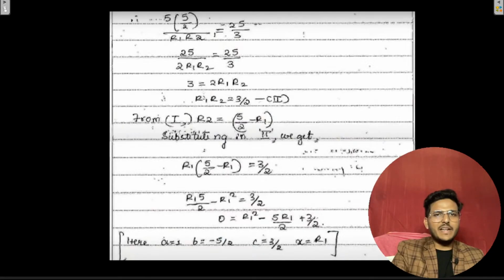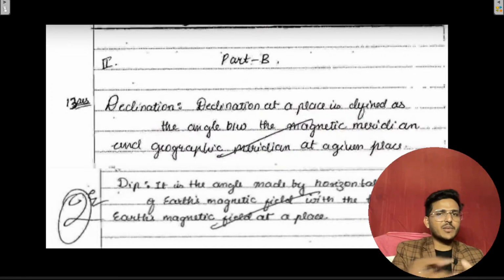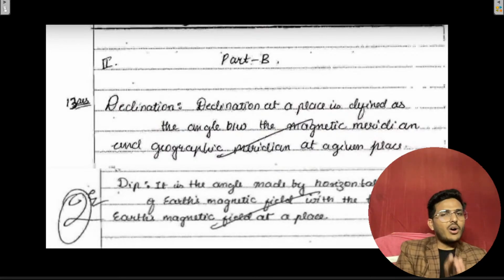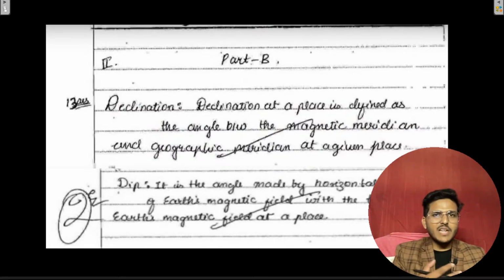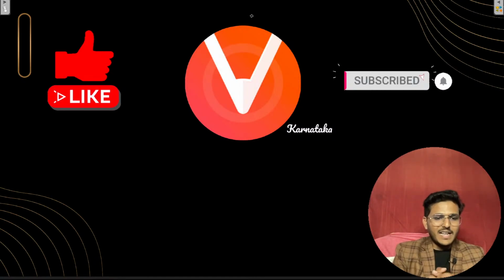Just download the PDF of this session from the link given in the description box, and go through all these slides so that you can evaluate yourself where you stand, how you present your questions in the answer book, and what strategies toppers use to present the same question in their answer book, right? Just compare it.